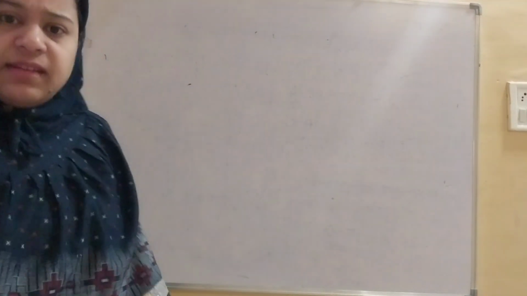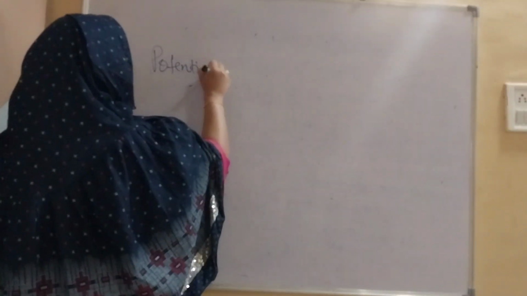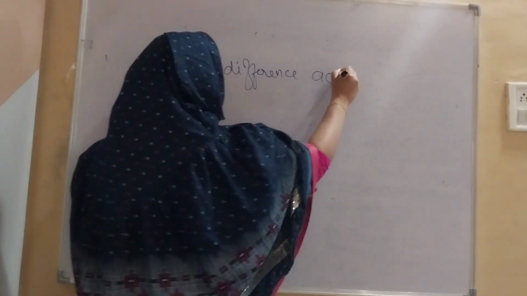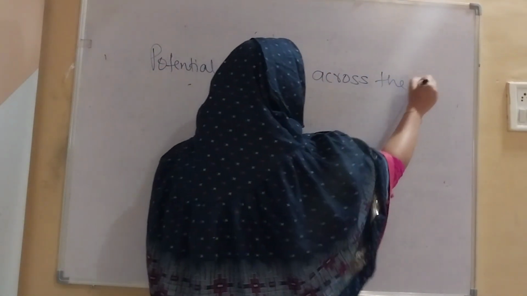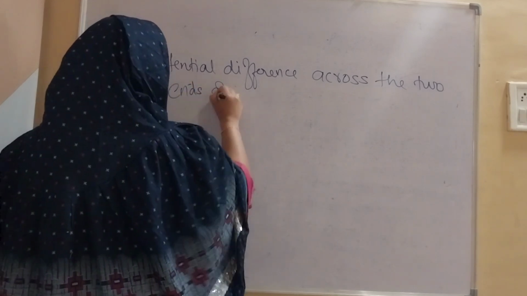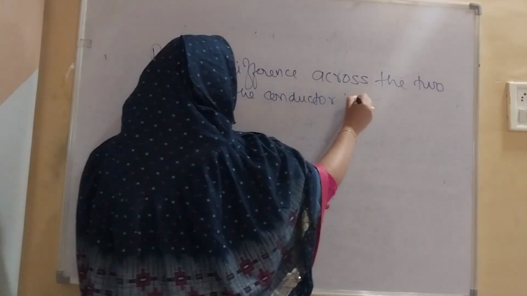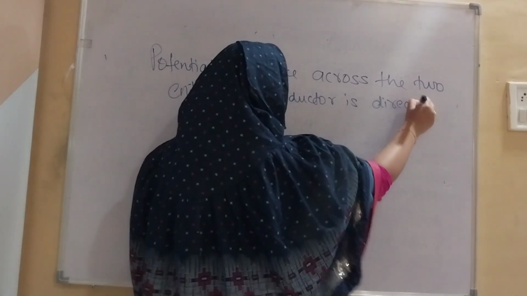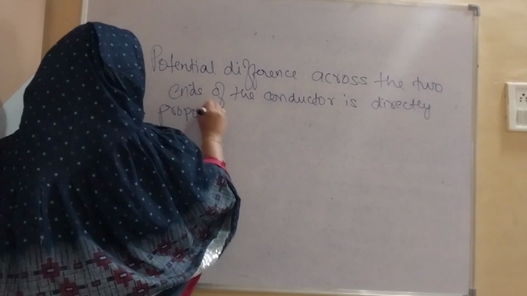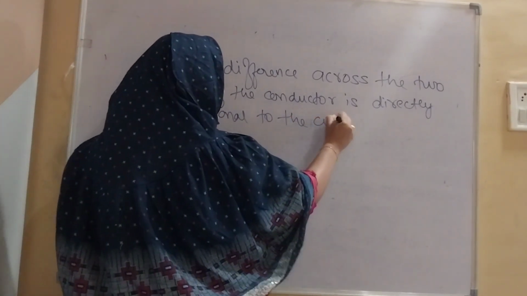He said that the potential difference across the two ends of the conductor is directly proportional to the current.